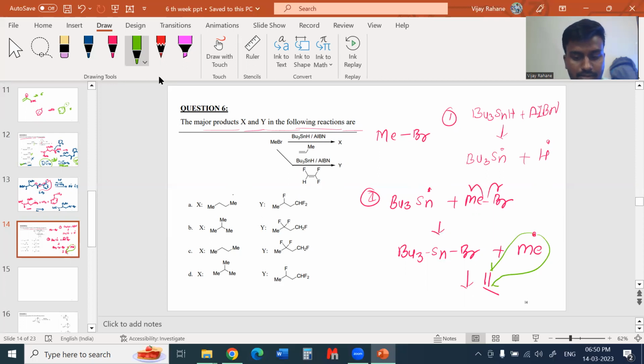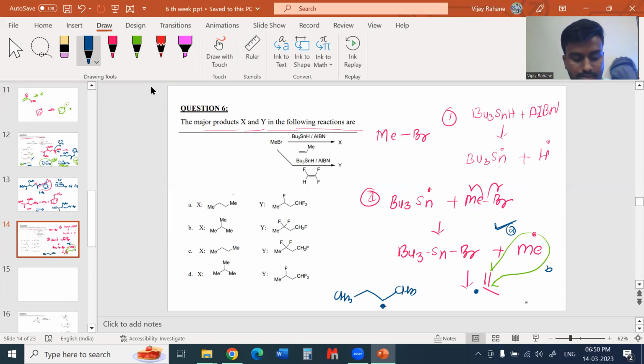After attacking at both places, if the attack takes place via this A path, then the radical will go to here, and if the attack takes place via this B path, the radical will be here. So the secondary radical is more stable. So attack A is more feasible. So what happened? The product will be a CH3.